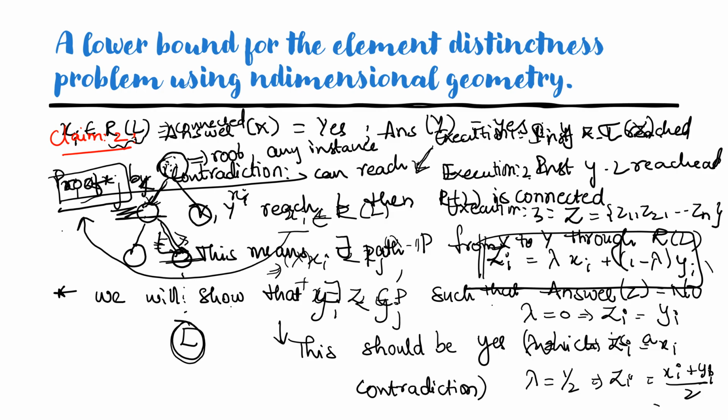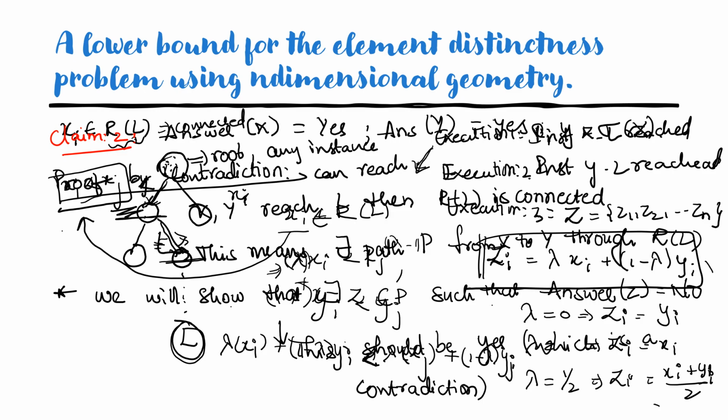So it will be lambda of xi plus 1 minus lambda of yi, multiplying lambda for one function and 1 minus lambda for the other function. This is less than lambda of xj plus 1 minus lambda of yj.